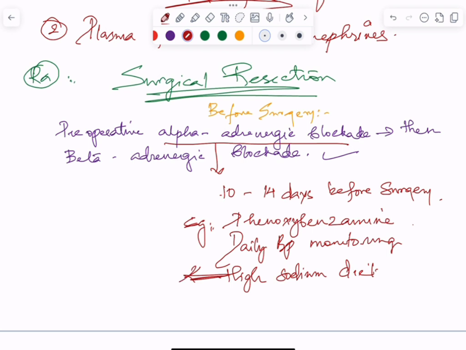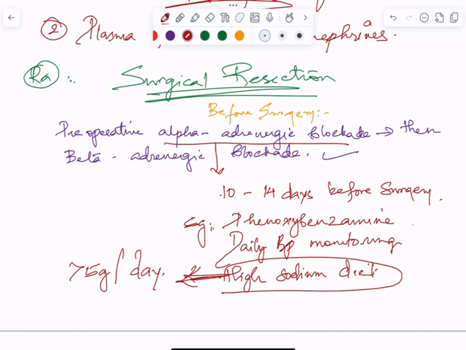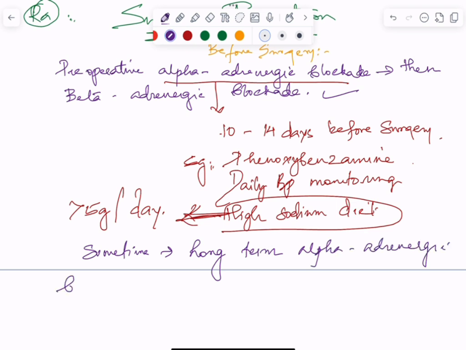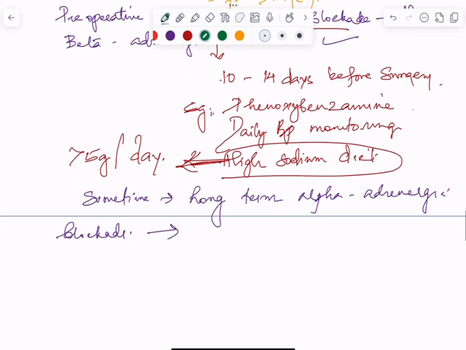Here I will tell you one more important thing. Sometimes, if required, the patient needs long-term alpha-adrenergic blockade, more than 14 days. If the patient needs this medication long term, then don't give phenoxybenzamine. Then give prazosin, terazosin, doxazosin. These medicines are useful for long-term treatment. What are prazosin, terazosin, and doxazosin?